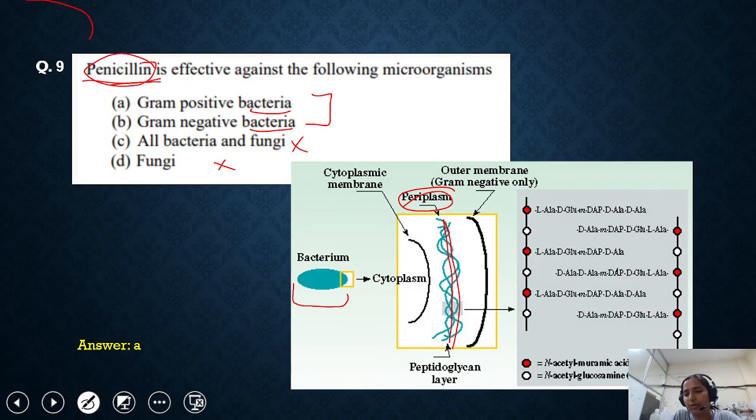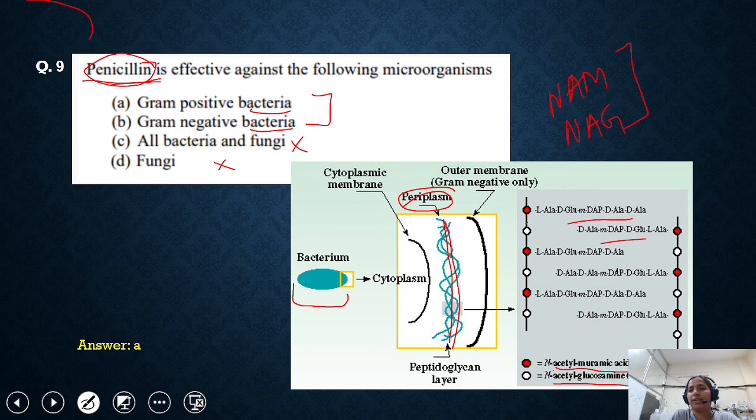Peptidoglycan is made up of two components, N-acetyl muramic acid and N-acetyl glucosamine, which we usually call NAM and NAG in a simpler way. There is a bonding between these two for the formation of the peptidoglycan layer.